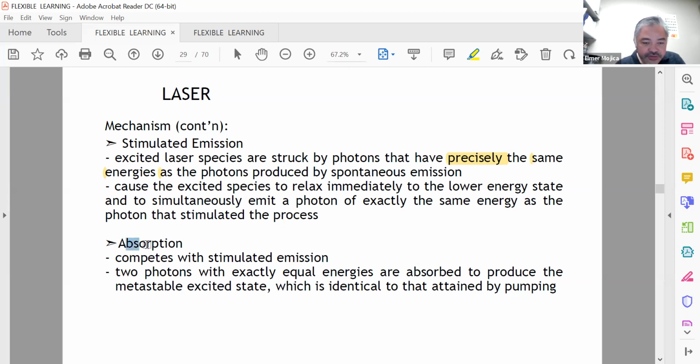Now, absorption would compete with the stimulated emission. So what happened here, there are two photons with exactly equal energies that are absorbed to produce the metastable excited state, which is identical to that attained by pumping.